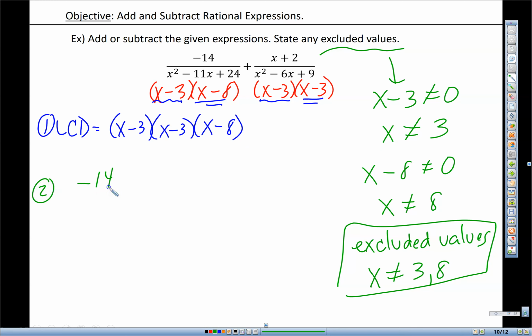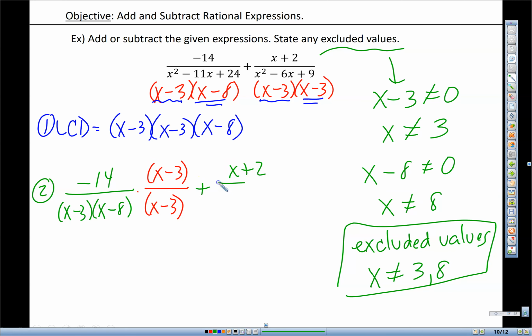So now I'm going to use the factored form of the denominators again, makes it easier for comparison. So I have those two factors. I need another x minus 3. Might want to put parentheses around that x plus 2. Helps you remember you distribute in the next step.